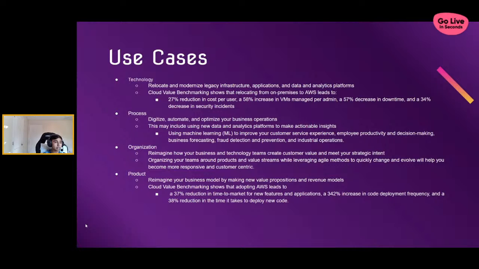And again, cloud value benchmarking shows that adopting AWS leads to a 37% reduction in time to market for new features and applications, a 342% increase in code deployment frequency, and a 38% reduction in the time it takes to deploy new code.